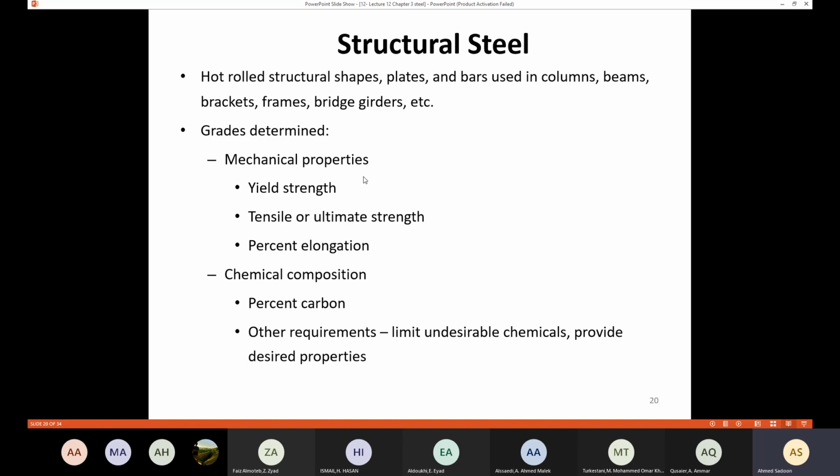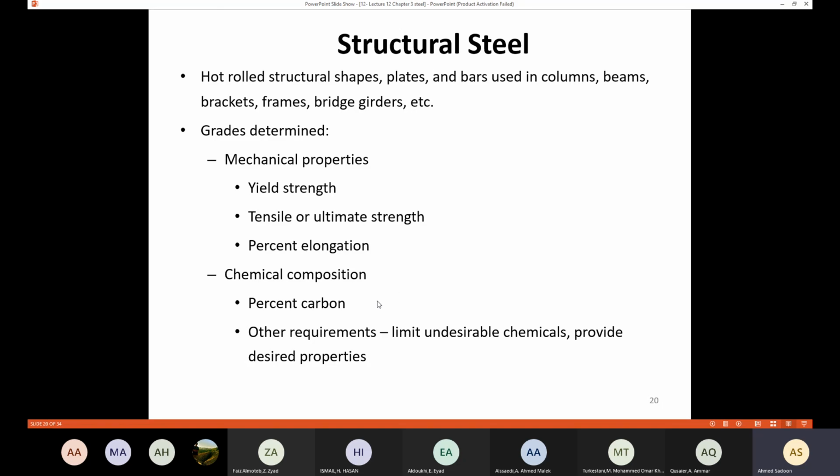And also we'll learn how to get all of this through the lab. In lab number 8, when we had the tensile test, we'll learn how to determine the yield strength, the tensile or the ultimate strength, or the percentage elongation. And also we have the chemical composition. In the chemical composition, we'll be able to know the percentage of the carbon.